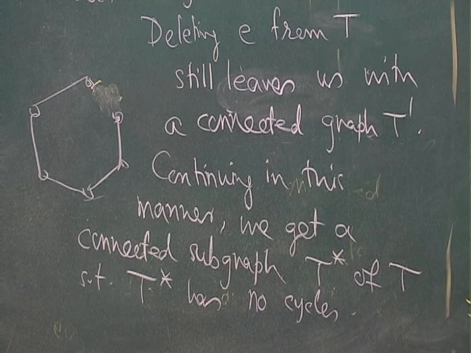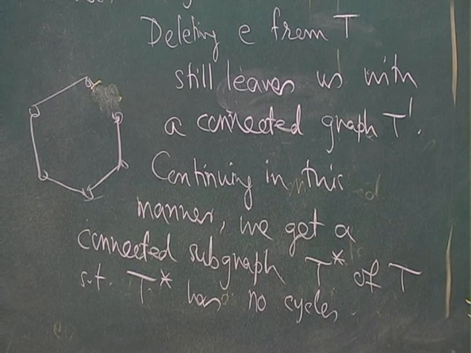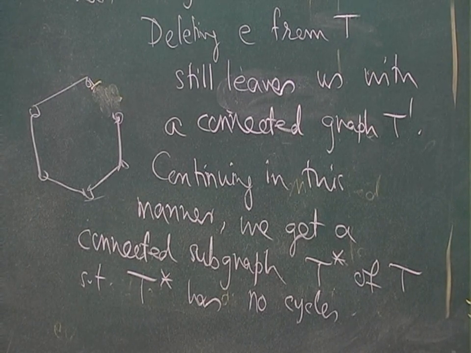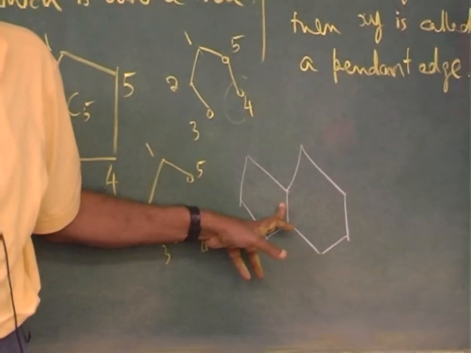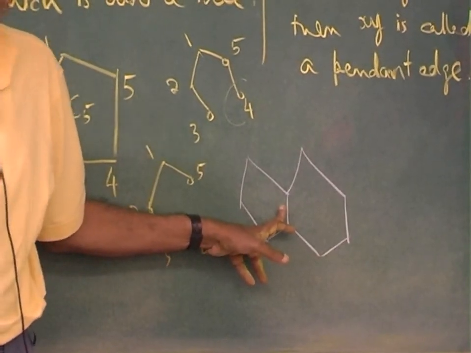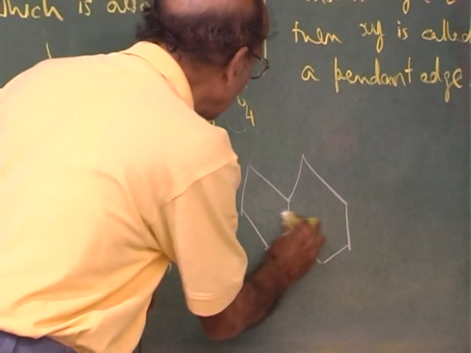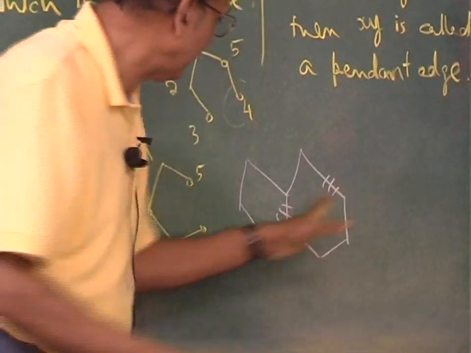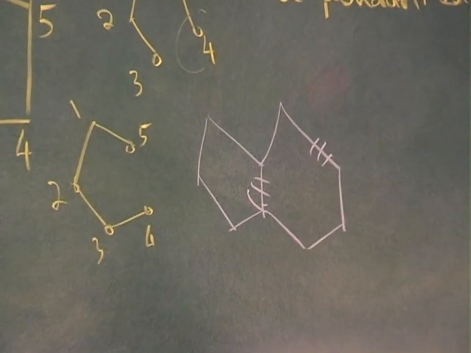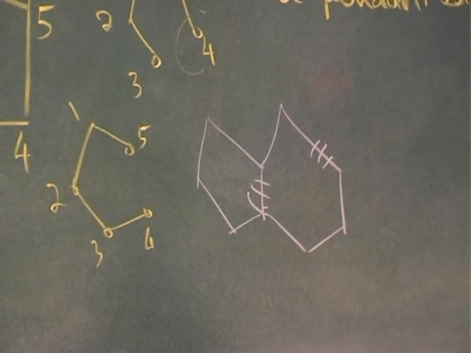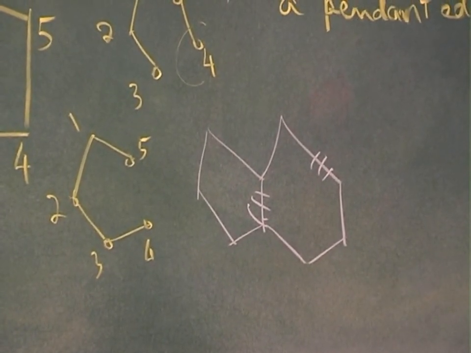The picture may not be like that; it could be like this. If I remove that edge, the resulting graph still has cycles. But if I remove that edge and also that edge, then the resulting graph will have no cycles. Now T star is connected and has no cycles, therefore it is a tree.